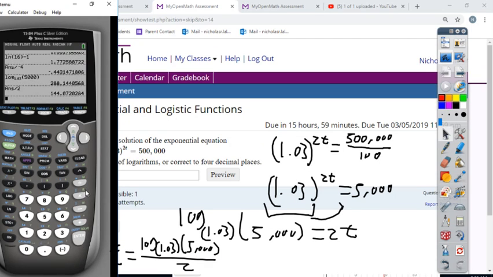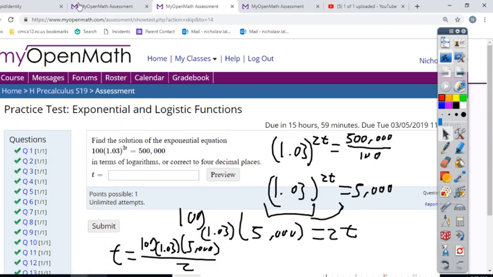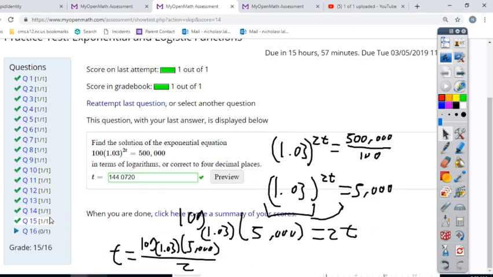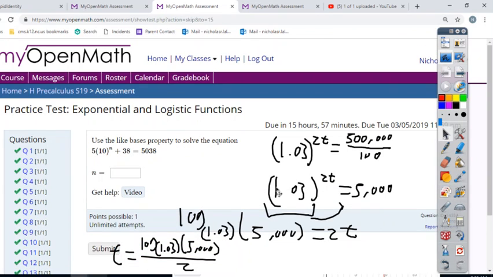That's equal to 144.0720. That is correct. Question 16 is the last question.